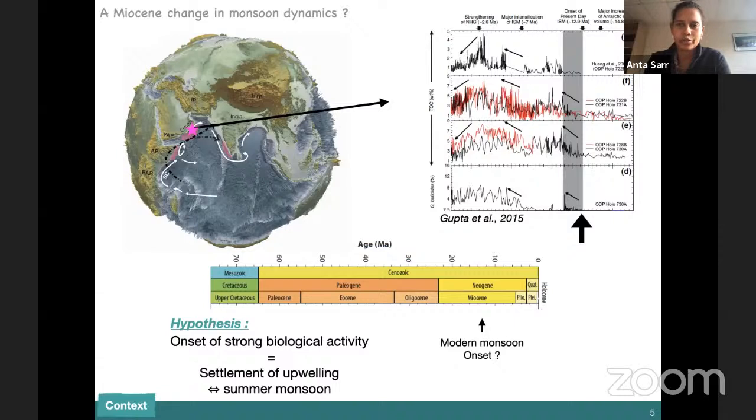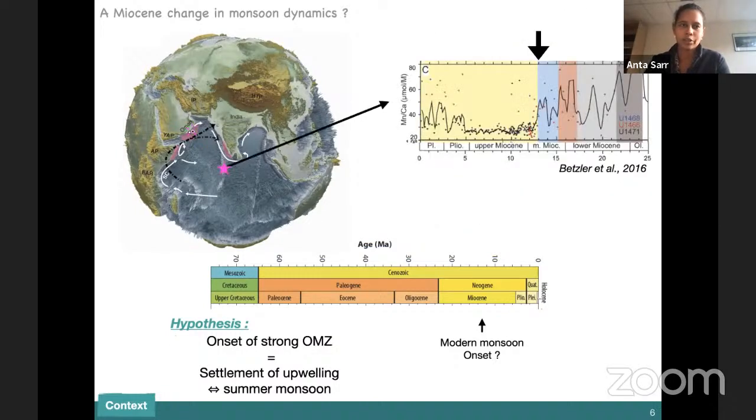Here the authors also depict the appearance and increase of the proportion of bulloides as early as 12.9 million years ago. This increase is also associated with an increase in TOC, both likely translating, as I said before, an increase in biological activity. The authors attribute this increase in biological productivity to what they call the onset of the modern-like summer monsoon.